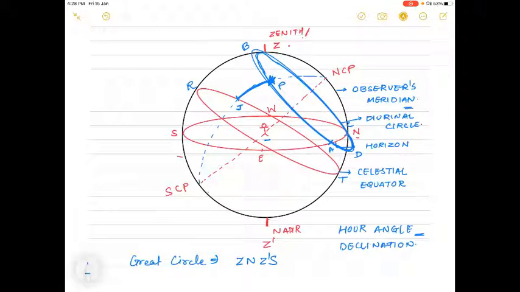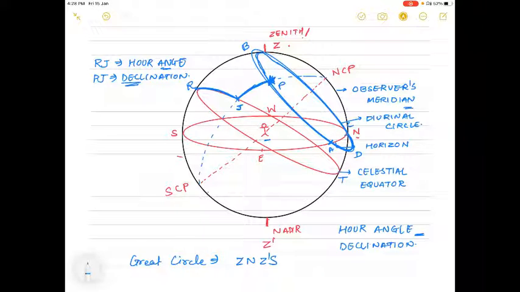The point where the celestial equator intersects the observer's meridian is R. The arc RJ is called the right ascension, and the arc PJ denotes the declination angle of the star. So PJ gives us the declination angle, and RJ gives us the right ascension.